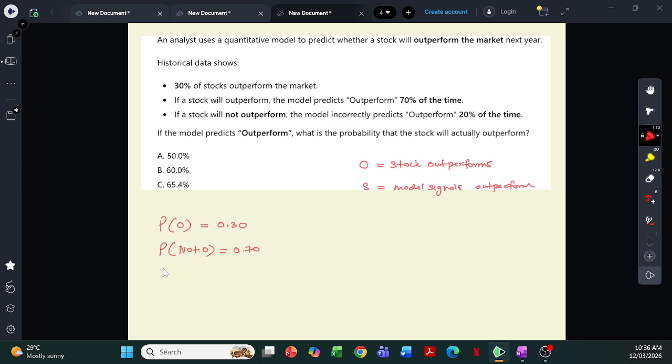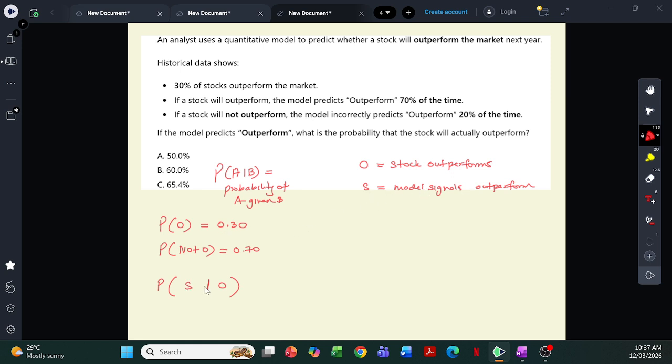If a stock will outperform, like before I write that, P(A given B) is the probability of A given B. So if a stock will outperform, so we're saying that it's going to outperform, the model predicts outperform 70% of the time. Model signals outperform.